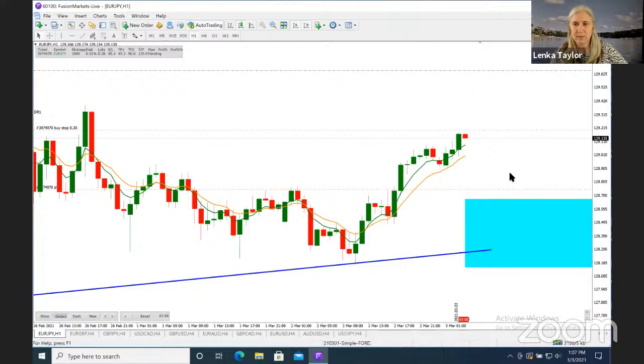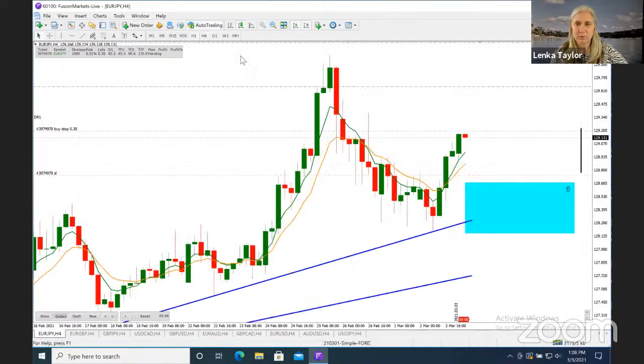Yeah, on H1, maybe you wait for the pullback a little bit into that area here. I don't know. There's no real indication there for me to take a trade. That was the question for Paul. So yeah, on H4, I'm happy to take that trade there.